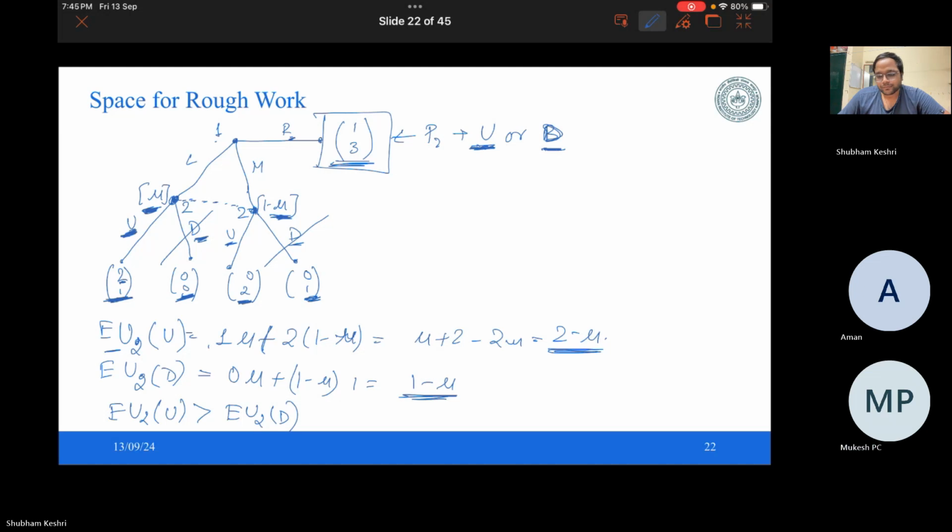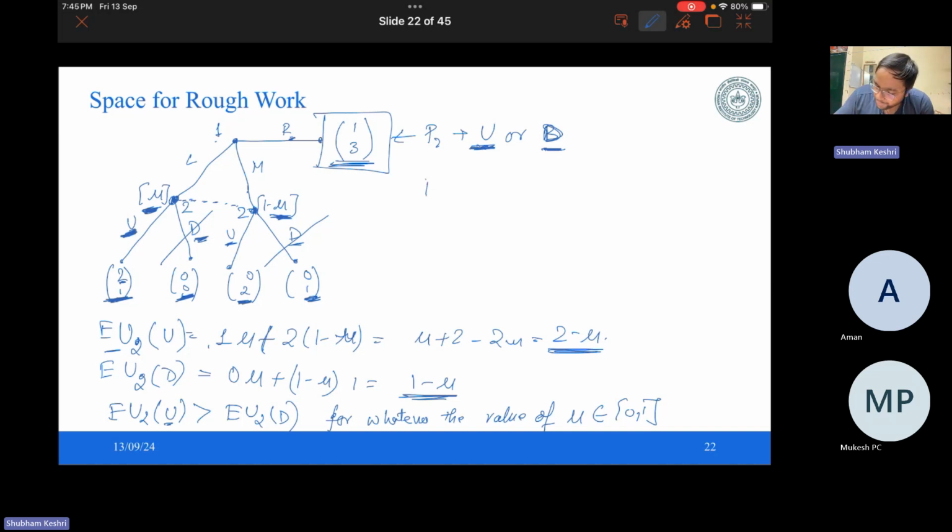Whatever the value of mu, it doesn't matter, it belongs to 0 comma 1, he is better off playing U. Is that all right? Now we have to see what player 1 will do.